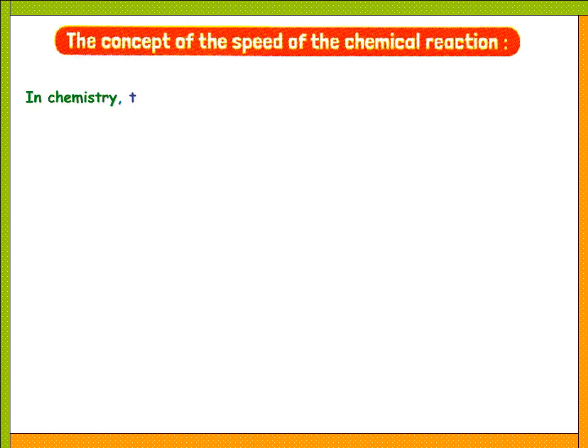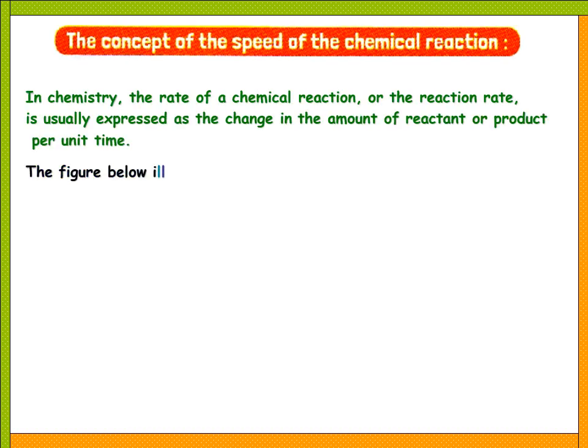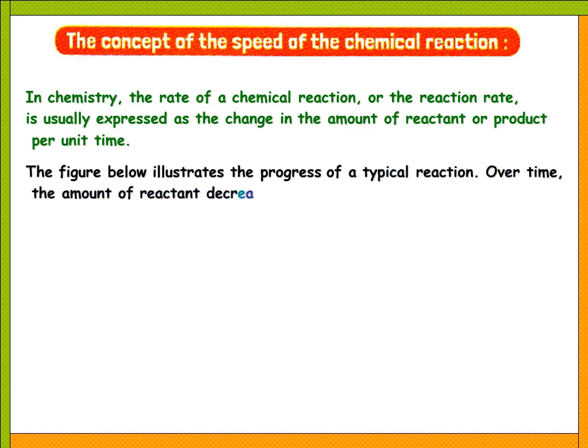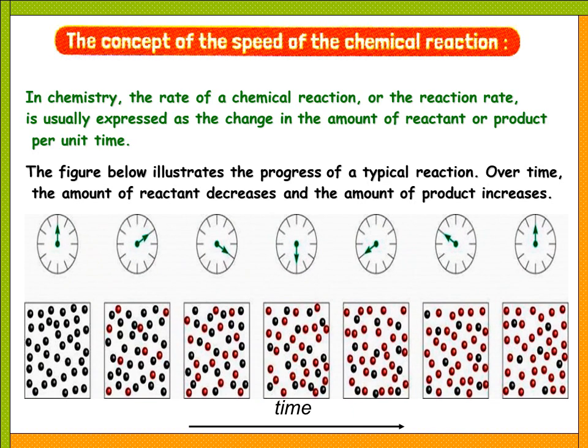We have the concept of the speed of the chemical reaction. In chemistry we can express the amount of reactant and product per unit time. So we can use the disappearance of reactant and the appearance of product within the unit time in which the reaction happens. Here the black dots mean the black molecules are the reactants, and the red ones are the products.